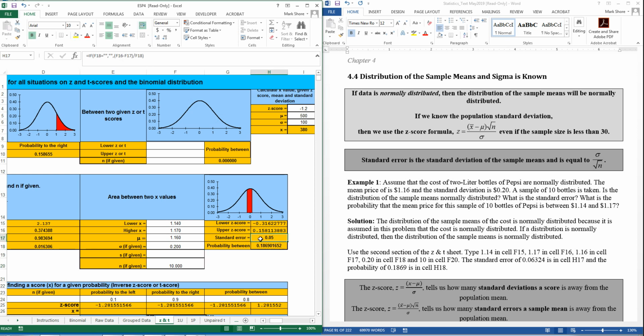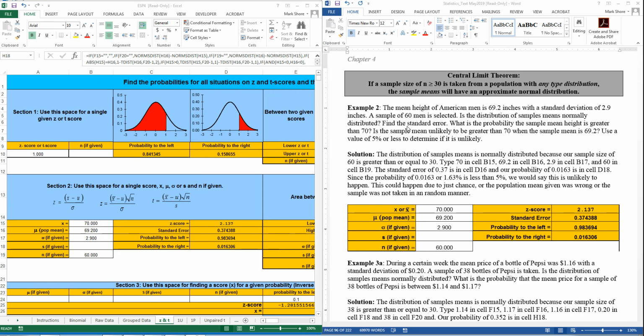Then it works out the z-score using this formula right here, x bar minus mu times the square root of n over sigma, and it gets these two z-scores. Then it gets the area between those two z-scores using an Excel sheet, and that area is the probability that a value would fall between those two. And so the answer to this problem is 0.1869, or about an 18.69% chance.